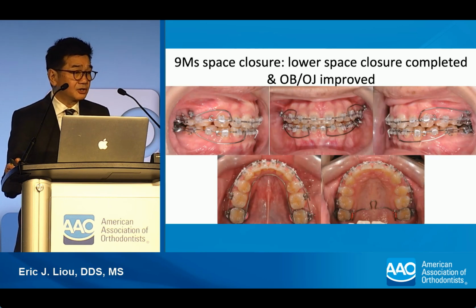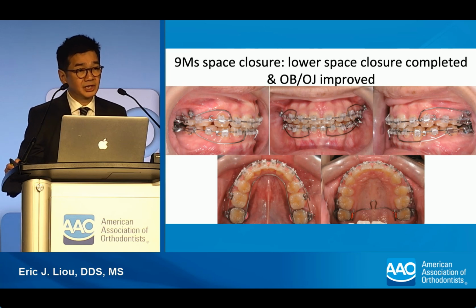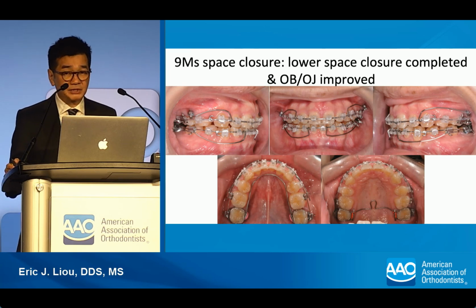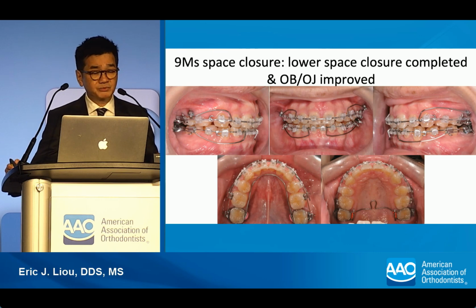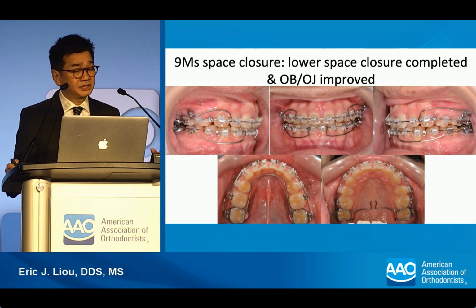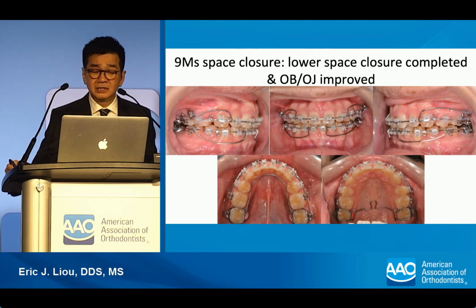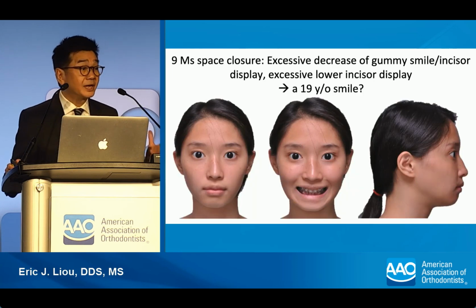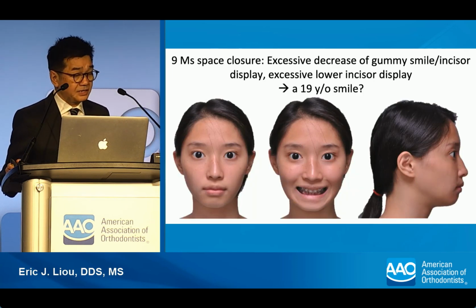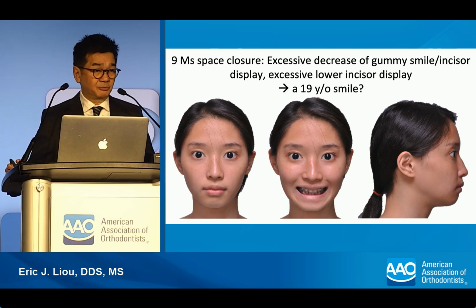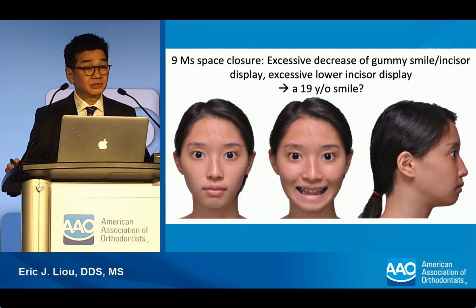After nine months of space closure, you can see most of the upper and lower space was almost closed. You can see the improvement of the overbite and overjet, and I also achieved a class 1 molar occlusion. At the same time, when I look at the patient, I think I improved her profile and the face looked nice.